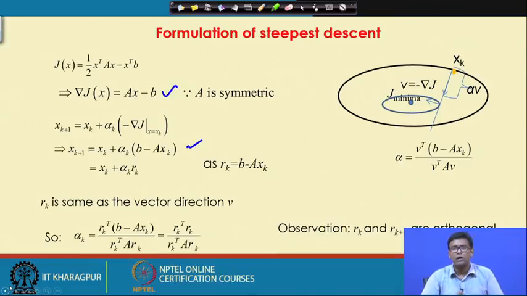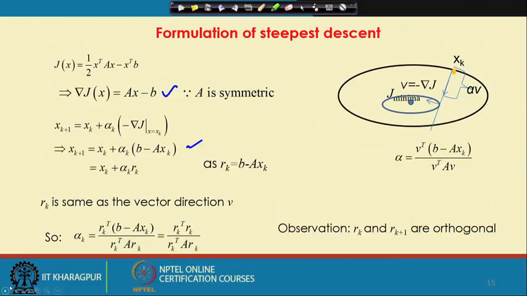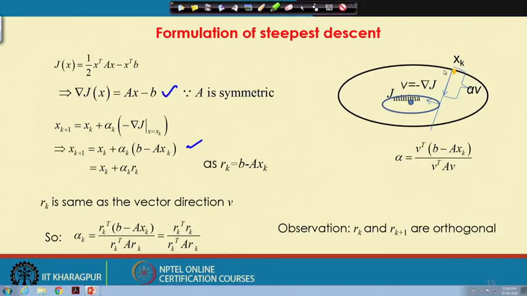And there is one observation, which is that r k and r k plus 1 are orthogonal. Why? Because grad j is the direction in which j reduces fastest. Grad j is perpendicular to the j contour where it was evaluated.